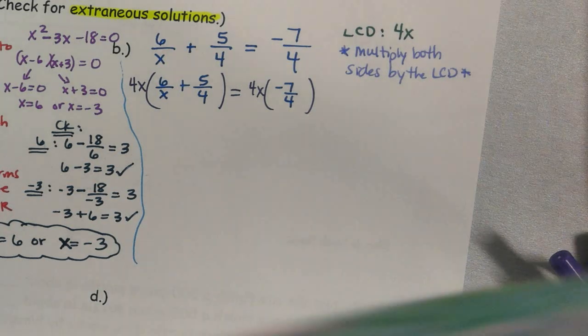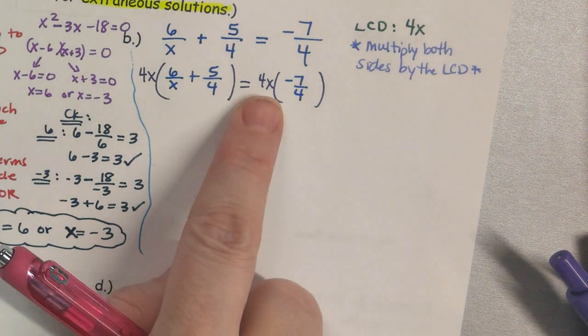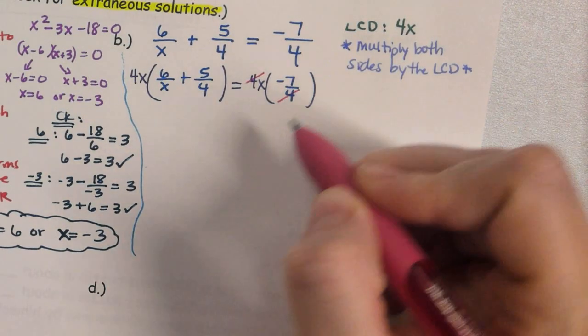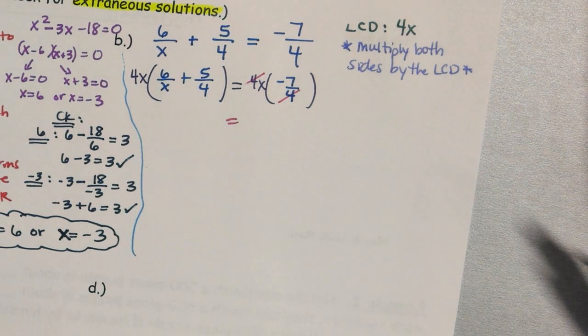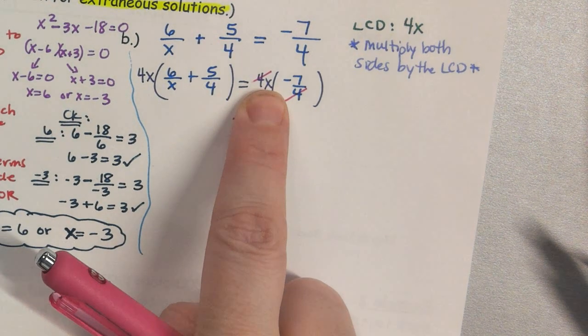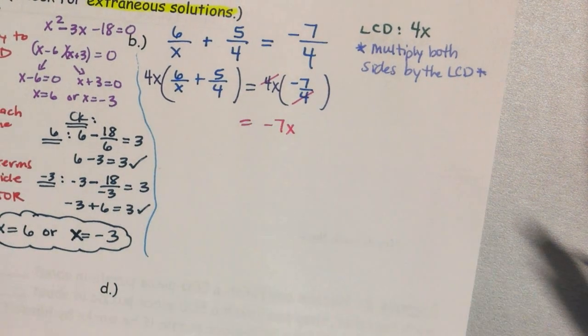So let's start with the right side, because that cancellation is going to be pretty quick. If you multiply by 4x, this 4 cancels out with this 4. So then let's look and see what we have left. We have x times negative 7, so that's just going to be negative 7x.